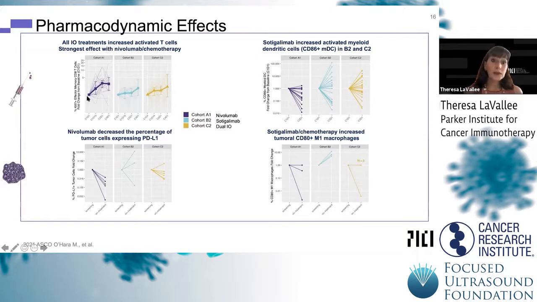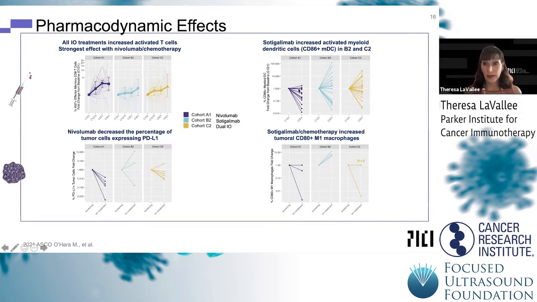But indeed, we do see what we expect with a PD-1 treatment: activation and proliferation of effector memory T cells, which has been seen broadly in PD-1 clinical studies in blood, in the PBMCs.